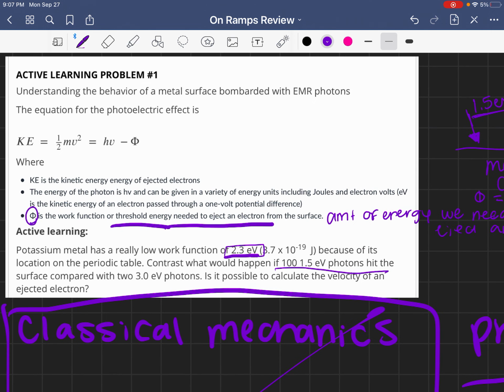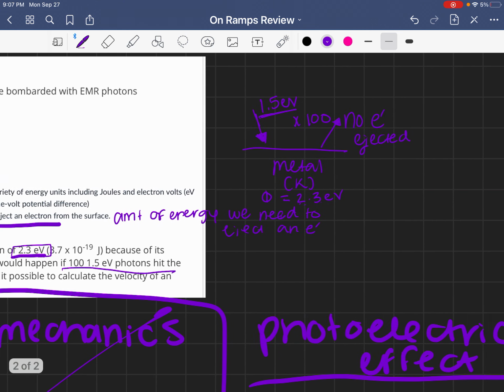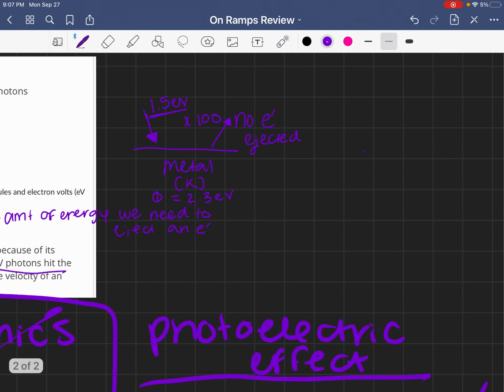So it says compared with two 3.0 eV photons. Okay, so now we have a metal, which is potassium still, and our work function is still 2.3.